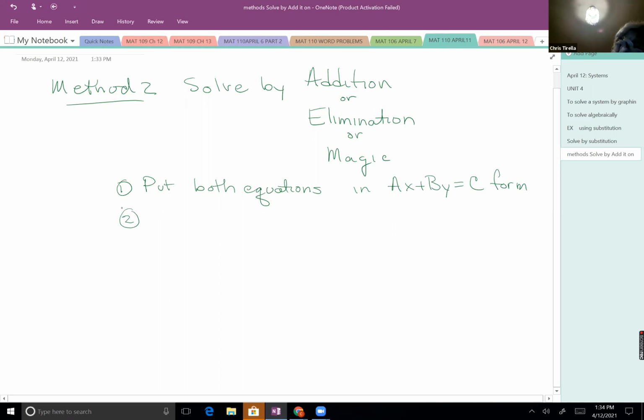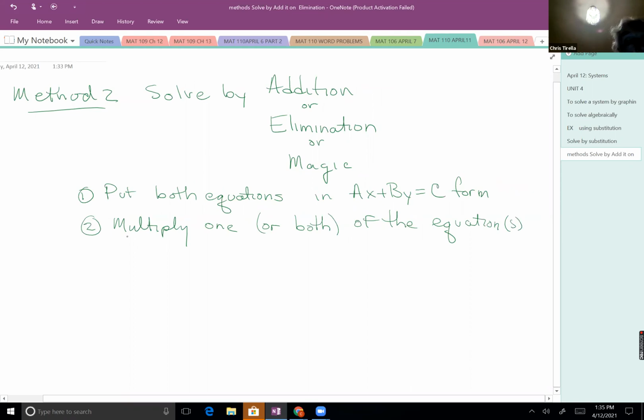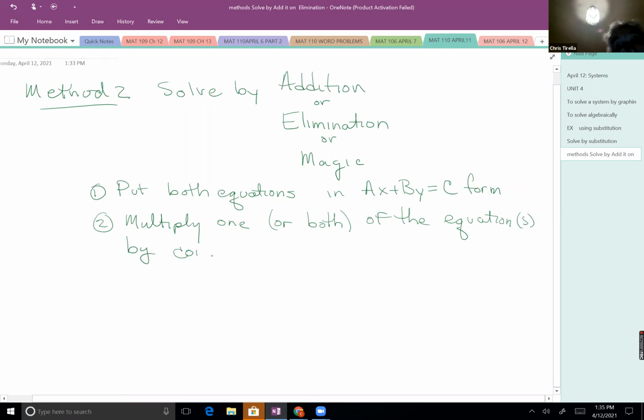Then the second thing we're going to do is multiply 1 or both of the equations, or equations, so I'll put that S in parentheses, by a constant, or need be different constants, so that the coefficients on one of the variables are opposites.